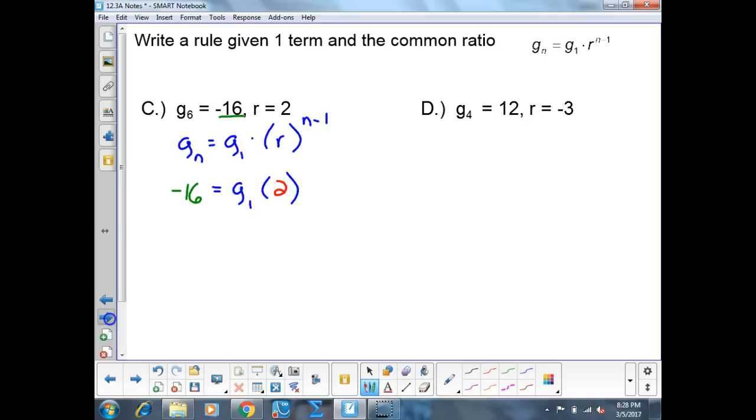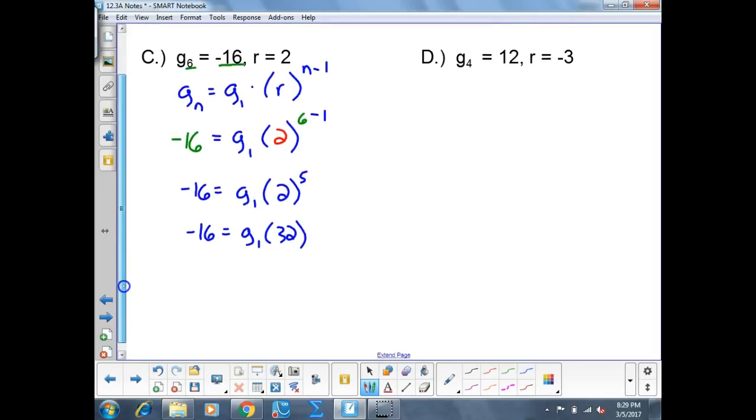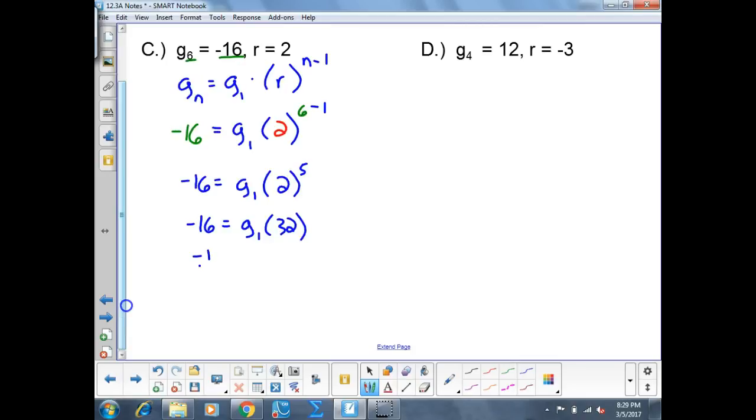I know that this is the 6th term, and that would then be subtracted with 1. 6 minus 1 is 5, so negative 16 is my first term times 2 to the 5th power. 2 to the 5th power is 32. If I divide both sides by 32, I get negative 1/2 is my first term.